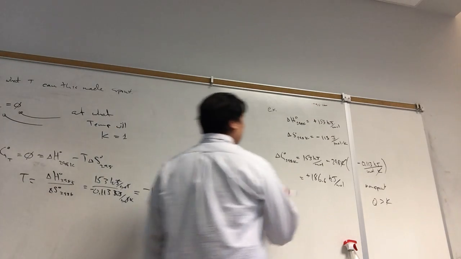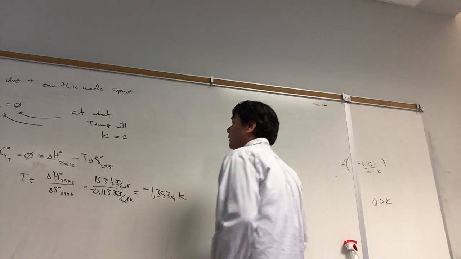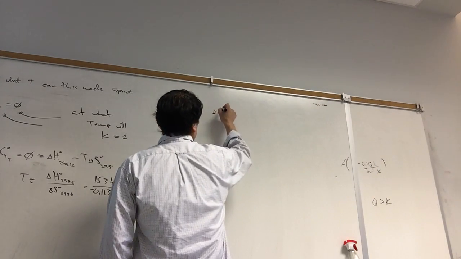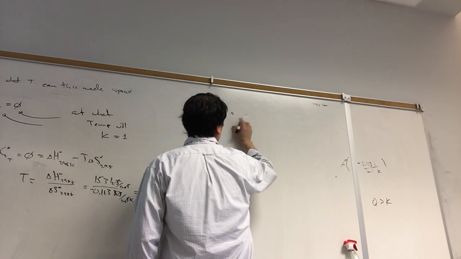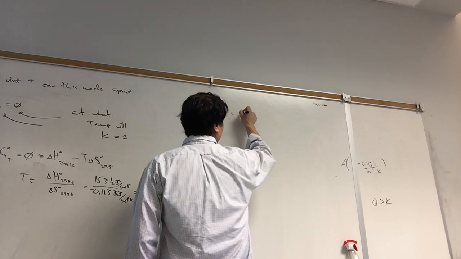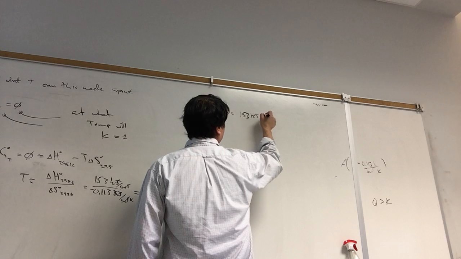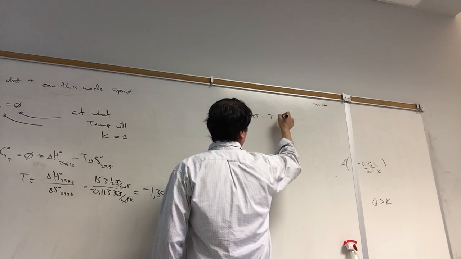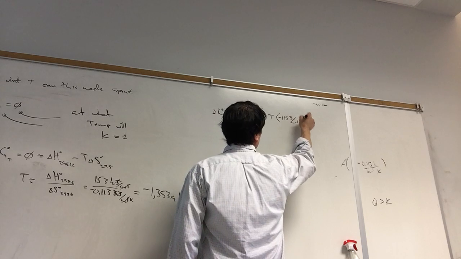All right, and so basically what this is saying is that delta G naught at temperature T is equal to, what was the delta H again? 153 kilojoules minus T delta S, where delta S is minus 113 joules per mole Kelvin.